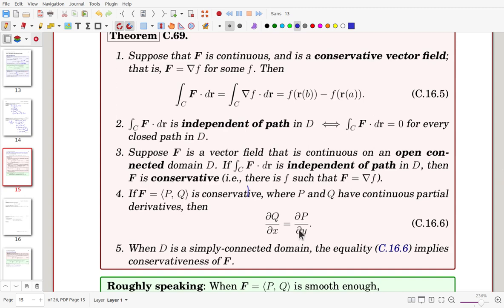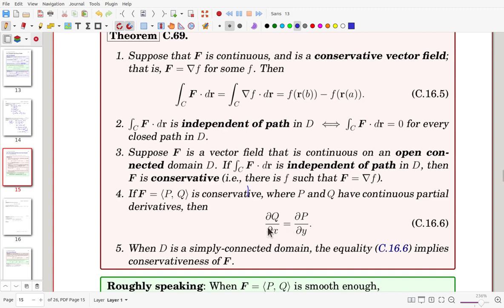Now the domain here is a simply connected domain. And then that equation implies conservativeness of F. So eventually, once the domain is simply connected, then conservativeness and this equation are the same.